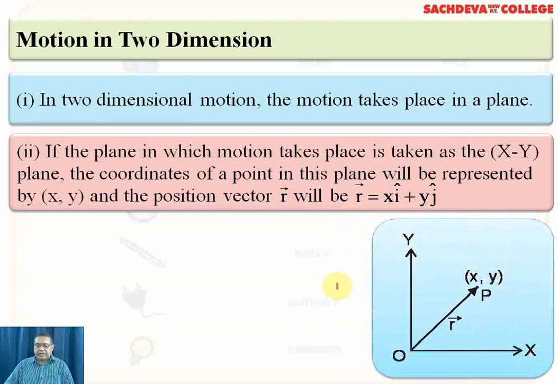As indicated in the figure, in the xy plane, r is the position vector, indicated by line OP. x, y are the coordinates of P. If we draw the perpendiculars on the x-axis and y-axis, they represent the length and breadth of the point in the plane.